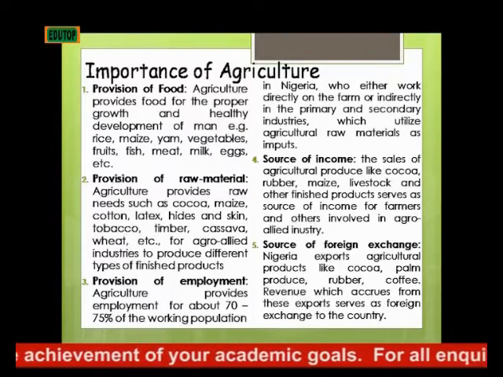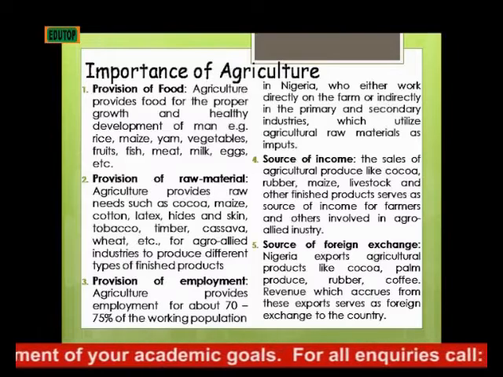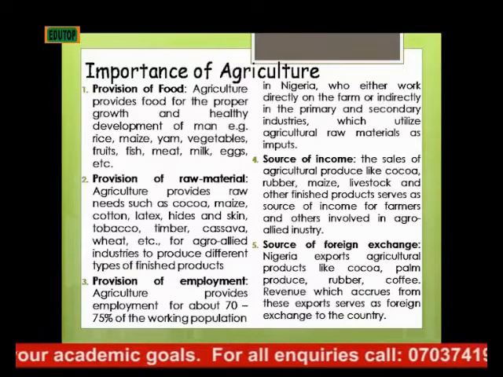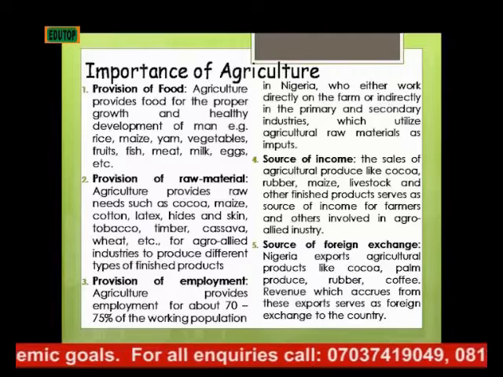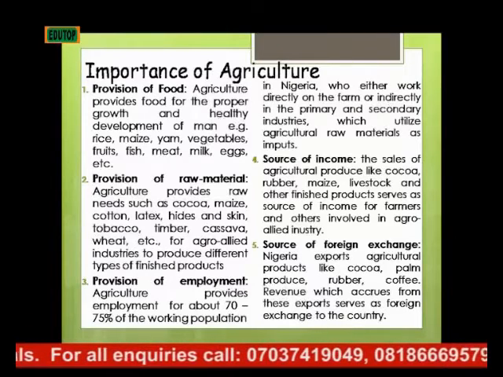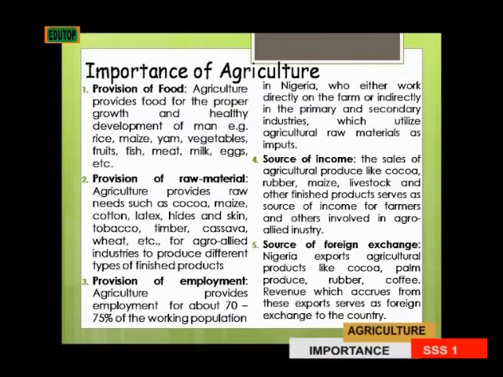So all those palm produce, rubber, coffee, all these, by the time they are being sold out to other countries or exported, the revenue that's accrued, that is, the revenue government gets from that, is being used to serve as source of income, source of foreign exchange to the country.